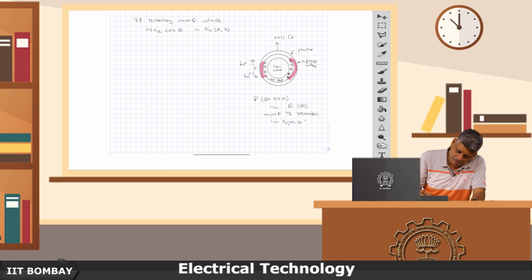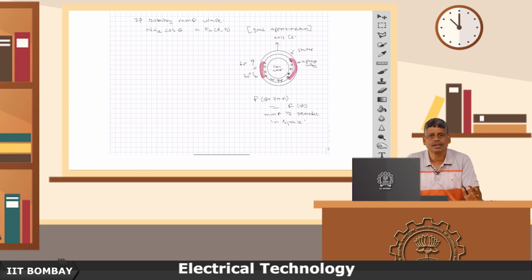So, therefore, by distributing this winding, we saw that this becomes a good approximation of the MMF waveform. This is now a very good approximation of the MMF waveform in space.